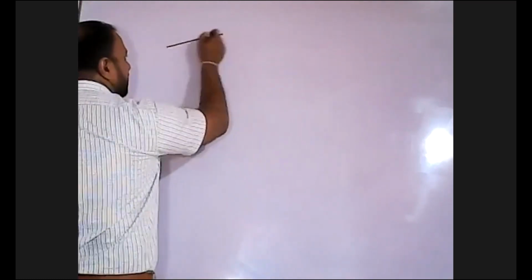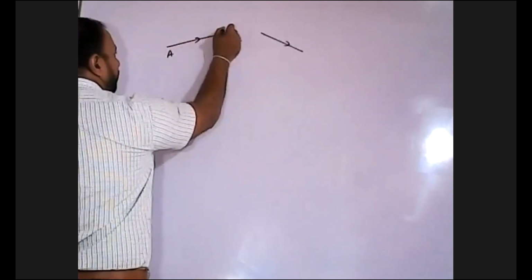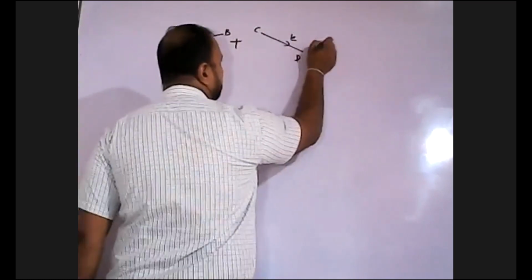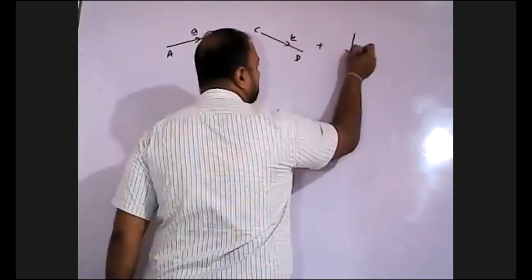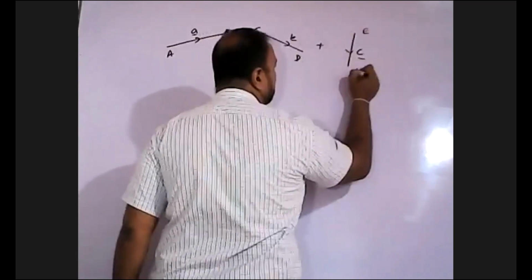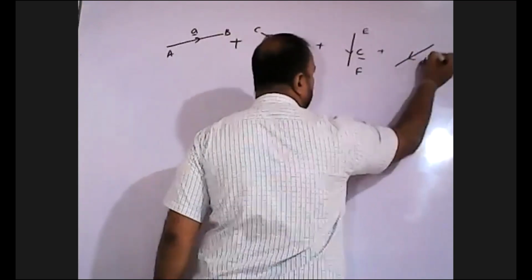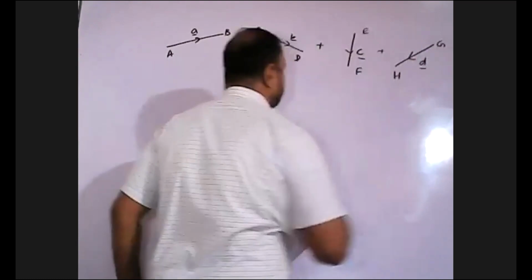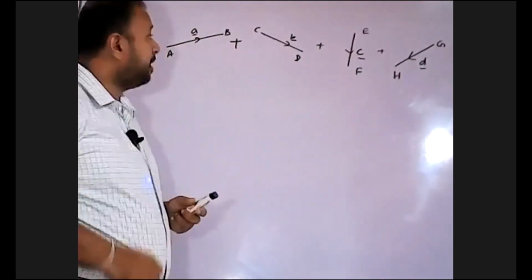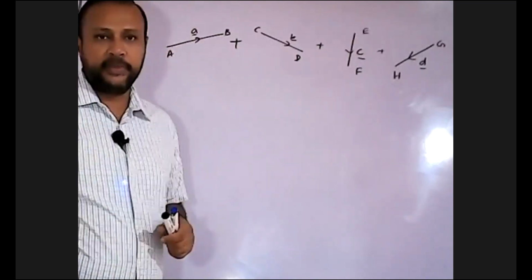As we discussed yesterday, suppose there are four vectors A, B, C, D. According to our discussion yesterday, we did this addition 2 by 2.